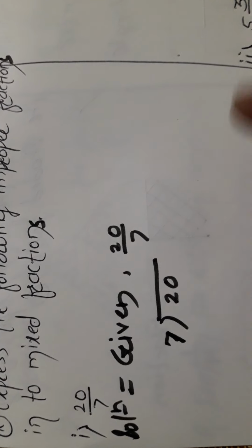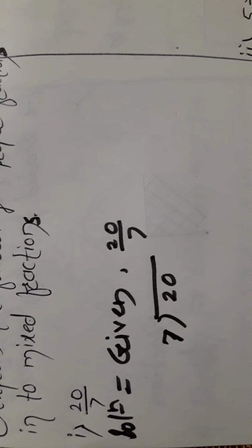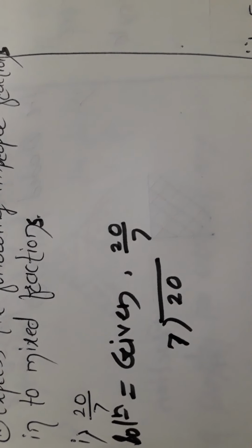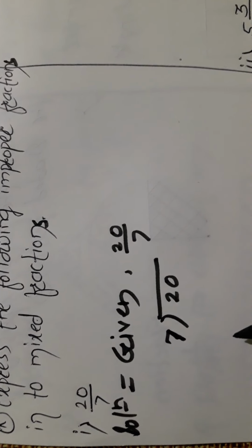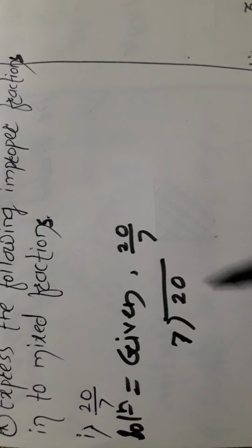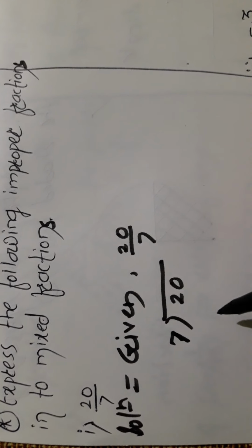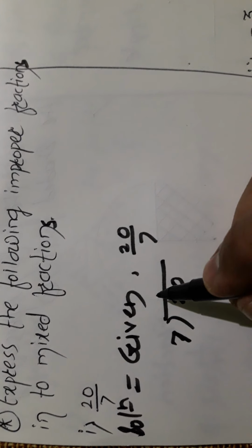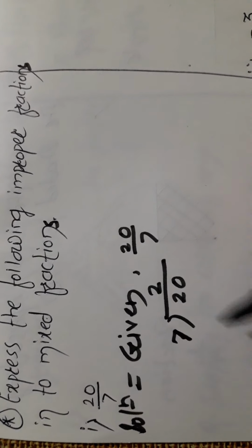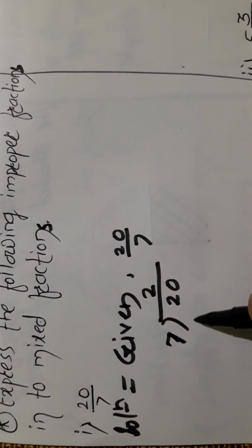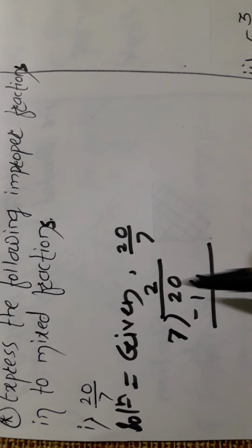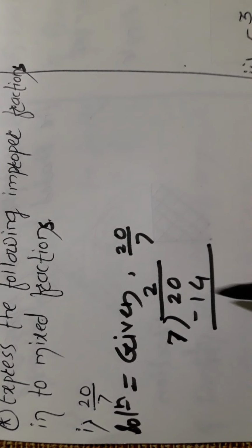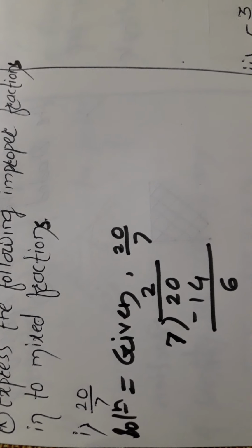Now see here, you well know the table of 7. 7 ones are 7, 7 twos are 14, 7 threes are 21. But here the dividend is 20, so we can't use 7 threes. Then what will we do? 7 twos are 14. 20 minus 14, what will be the answer? 6 is the answer.